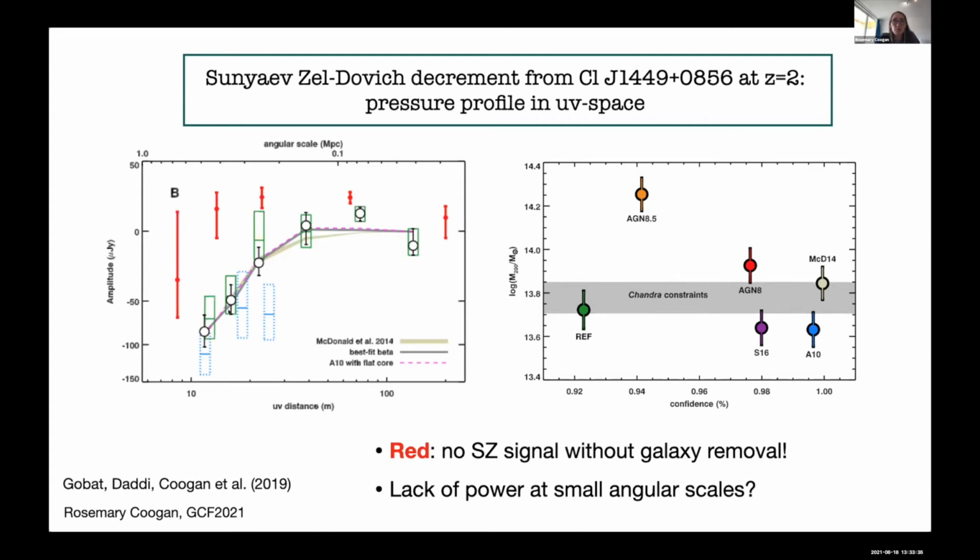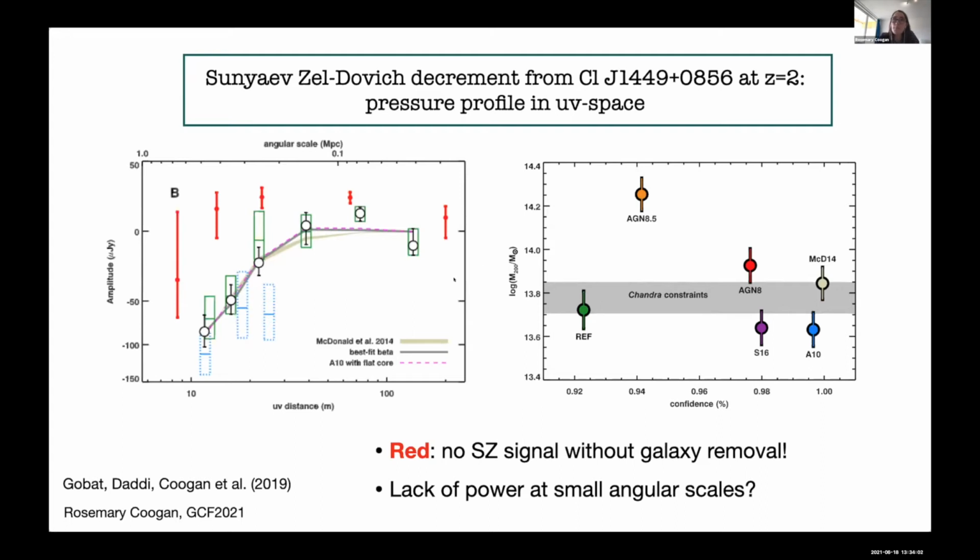Based on our data, we don't really find much of a difference between the pressure profiles. So we don't get strong physical constraints on which of these might be a better fit, with the exception of perhaps one of the AGN feedback models that seems to give quite a different mass to the rest of the models. All of the other profiles are in agreement with the Chandra constraints on the total mass, so that's really nice.